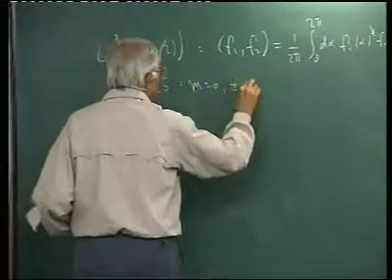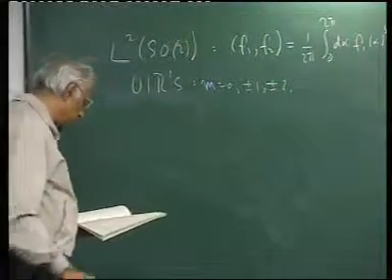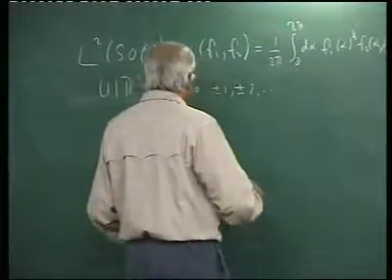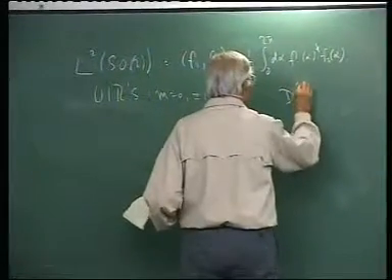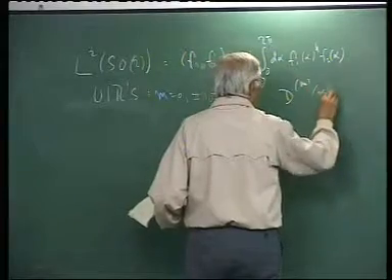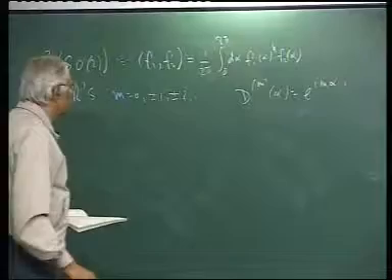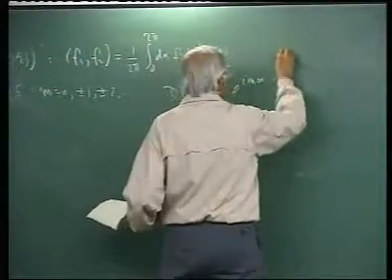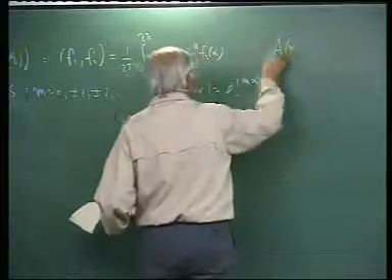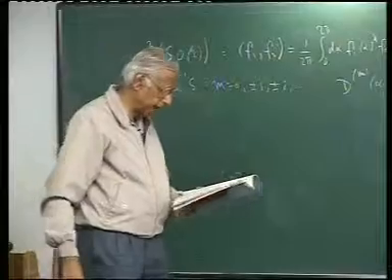For any positive or negative integer m, including 0, there is a unitary irreducible representation. It is one-dimensional, and the group element A of alpha is represented by this phase factor e to the power i m alpha.